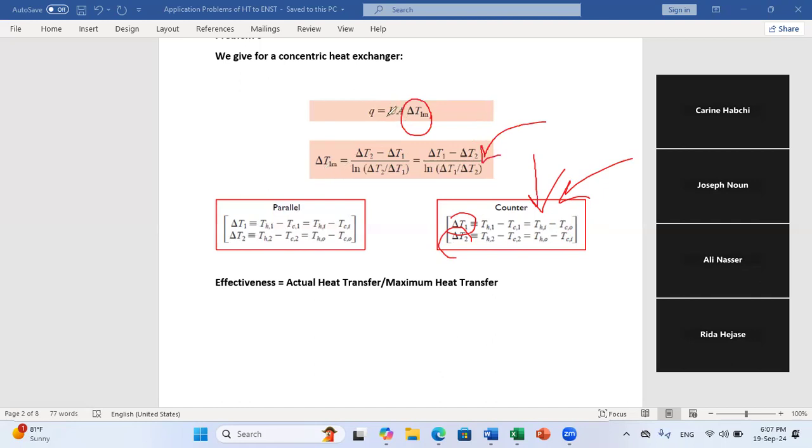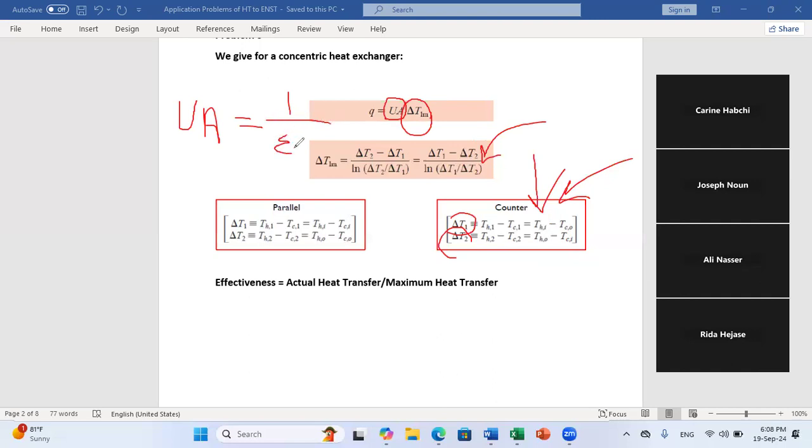Now, the overall heat transfer coefficient will either be given directly, or, like in the previous problem, they give you the design of the heat exchanger, and you know by definition that U times A is equal to 1 over the summation of resistances.